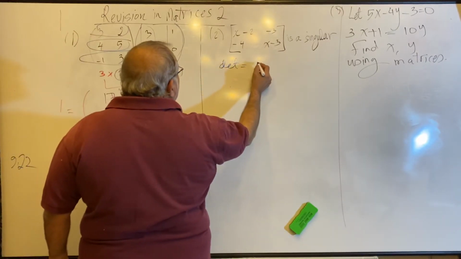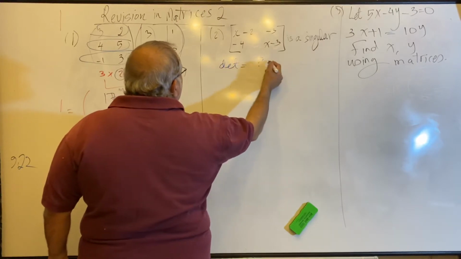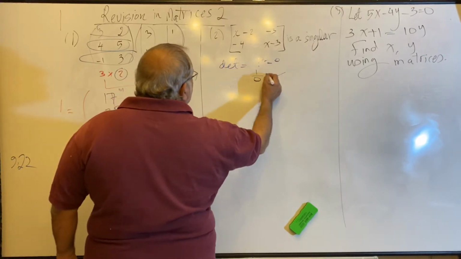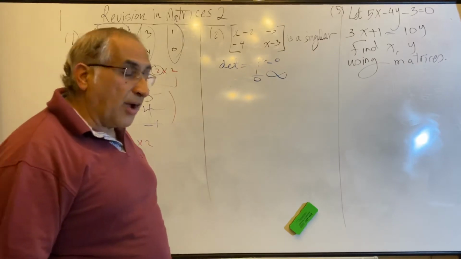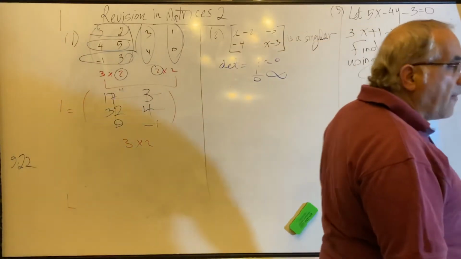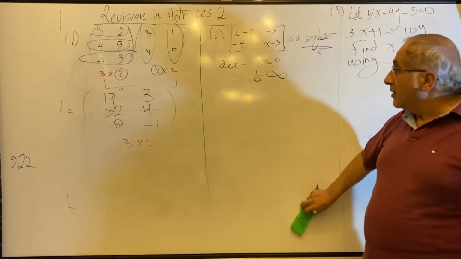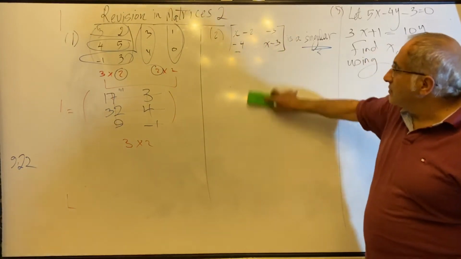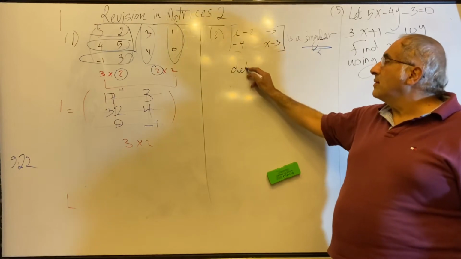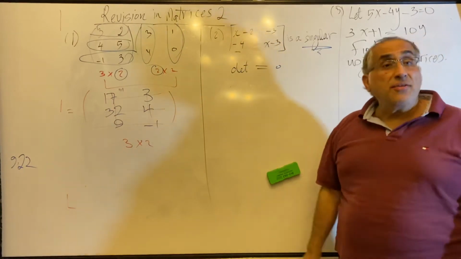Because the determinant is a number. If this number equals 0, 1 over 0, not good, undefined. So whenever you see the word singular, remember, the determinant is always 0.